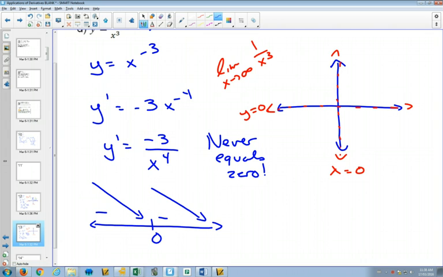This part has to be above or below? Below. This part has to be above. The function is always decreasing, even though there's a big jump after that asymptote when it goes from huge negative numbers to huge positive numbers. But the function itself is always decreasing.